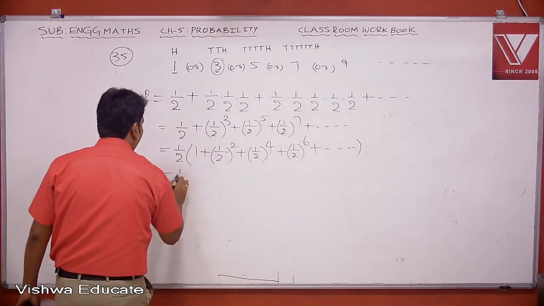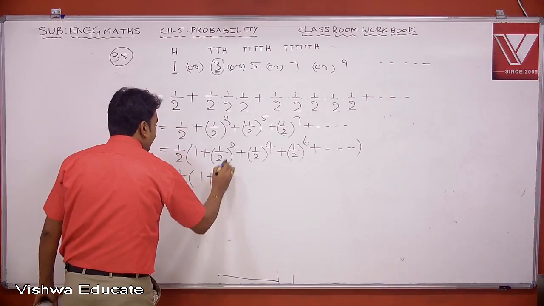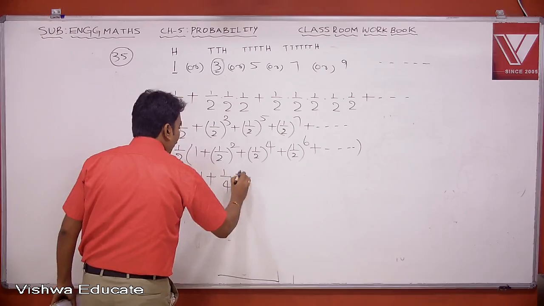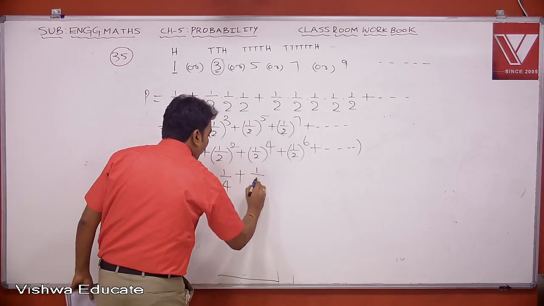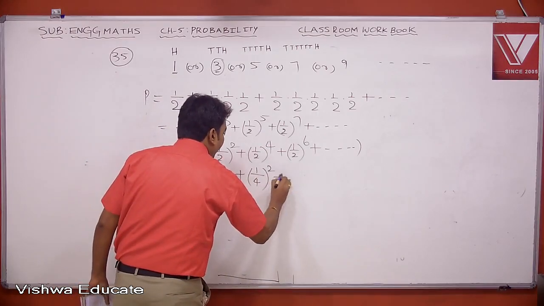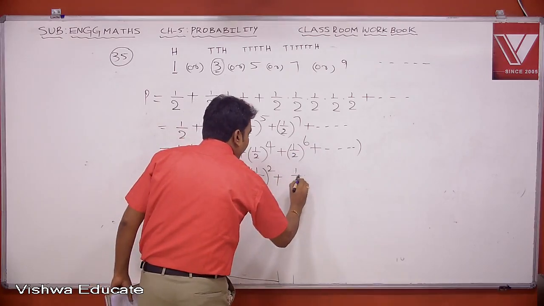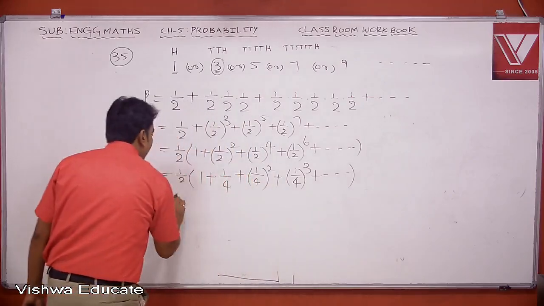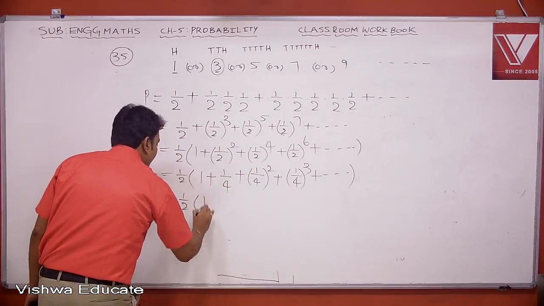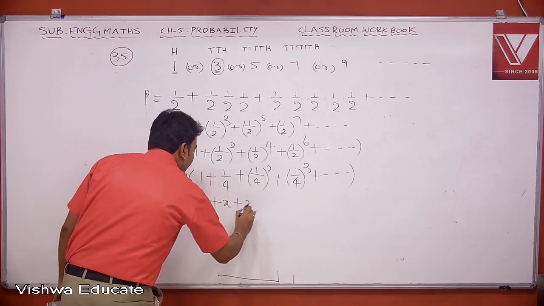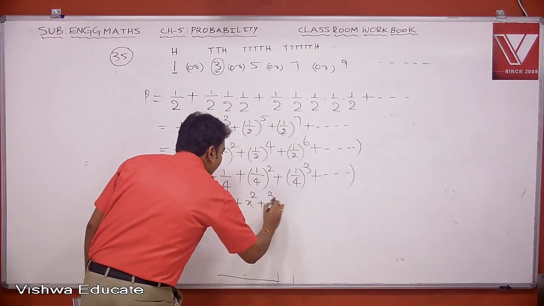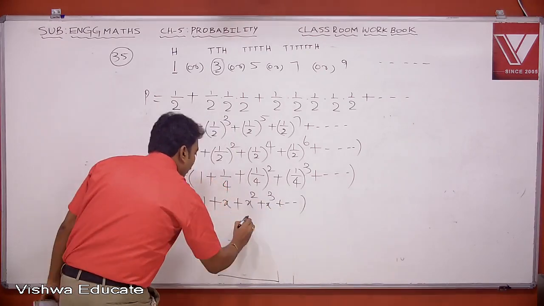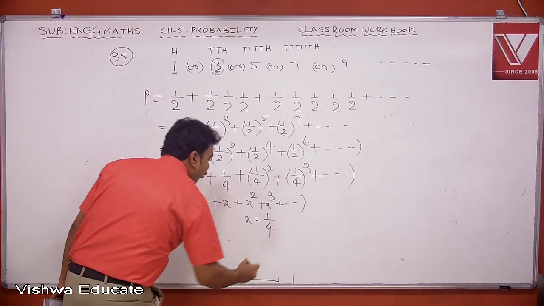Now this is 1 by 2 into 1 plus, this 1 by 2 square means 1 by 4. This 1 by 2 power 4 we can write as 1 by 4 whole square. This can be written as 1 by 4 whole cube plus and so on. Now this is a series expansion 1 plus x plus x square plus x cube plus and so on. But what is the value of x? 1 by 4.